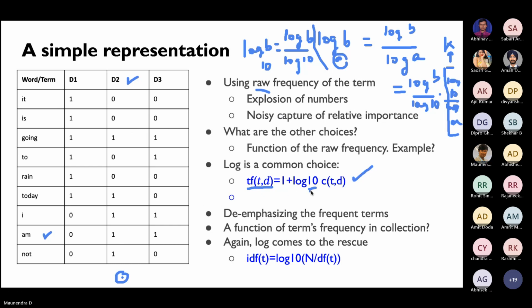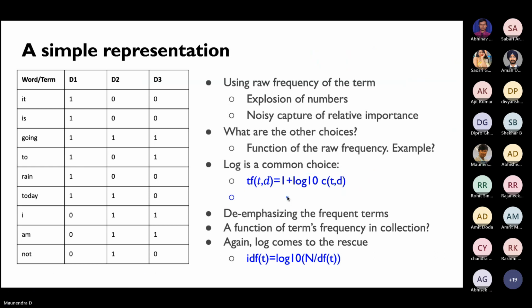That part is count of t in d, and the value that we'll be storing is 1 plus this thing. That's how people reached this function as a good term frequency function. Through experimentation, they showed that this is a good choice with desirable properties, and empirically it also provides good results.